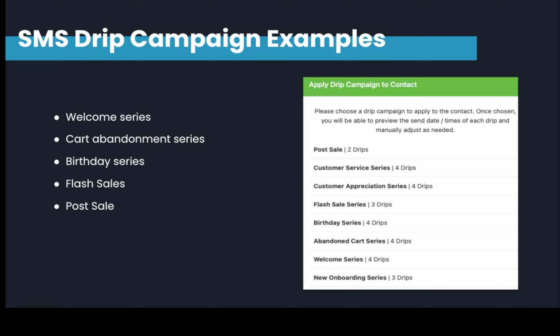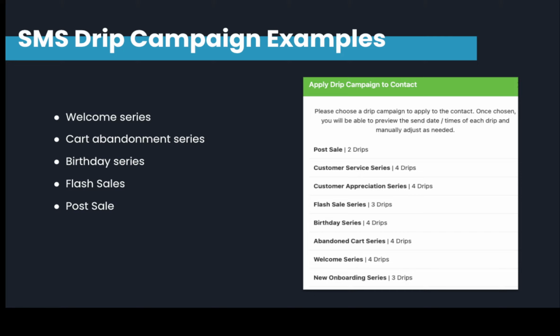Something to keep in mind too is to ensure that you're not oversending messages. So create an interval so that there are several messages, but not too many. Our recommendation would be maybe 4 or 5 in this type of drip. The next one is the abandoned cart series.